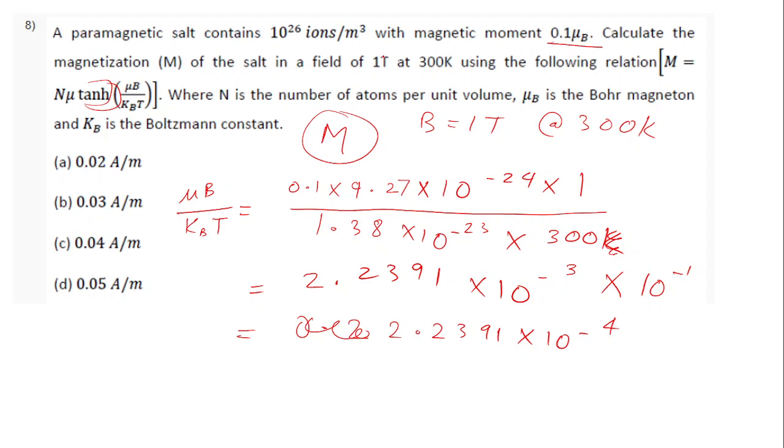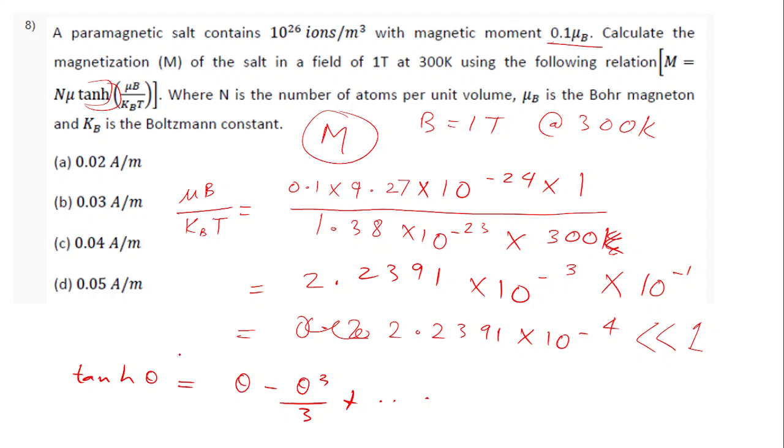Here, this value mu B by kBT, which we calculated, is 10 to the power minus 4, meaning it is very small compared to 1. And in the derivation also, if you have seen, when this value is very small, the expansion of tan hyperbolic of any angle theta has many terms.